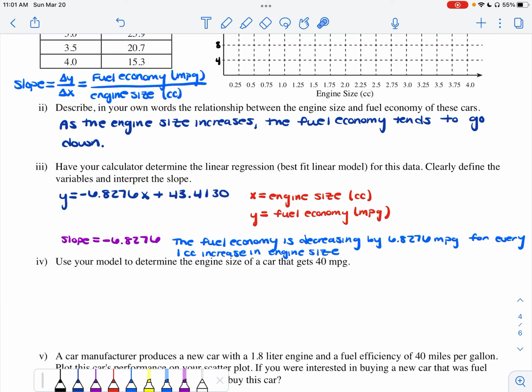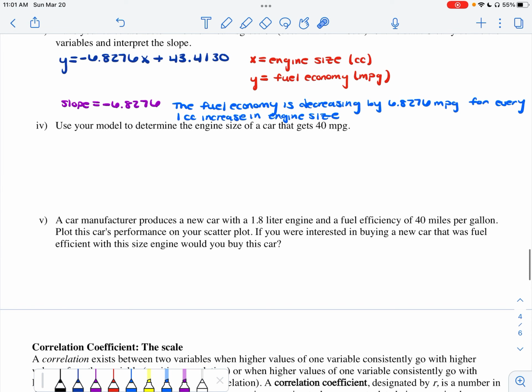The only thing that we've added is how much it goes down by. The fuel economy is decreasing by 6.8276 MPG for every 1 cc increase in the engine size. So we're just being a little bit more specific than we were on this last part because we know specific numbers now.